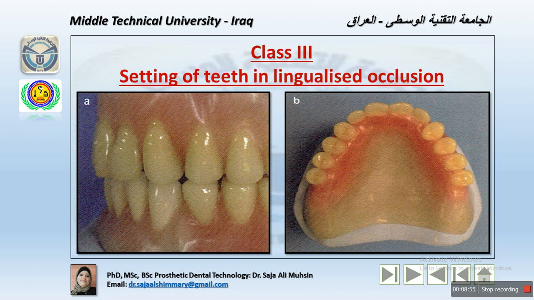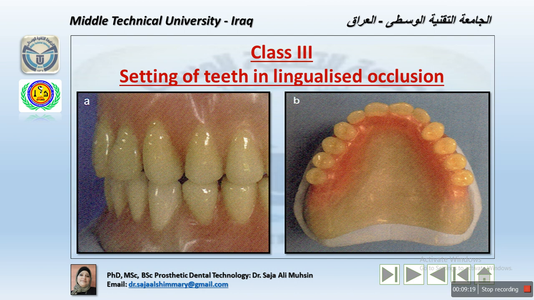So either we modify the occlusal surface of the upper first premolar or we can substitute it with the second premolar. Now all the upper buccal cusps of the posterior teeth may need to be slightly rounded and the lower tooth ground to hide the fossae to accept the upper buccal cusps.